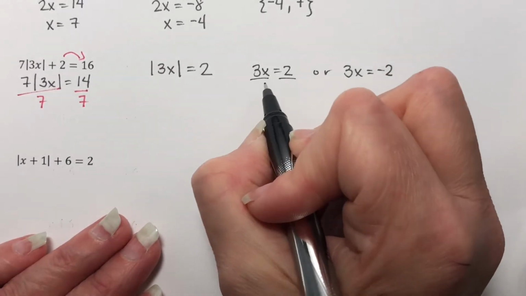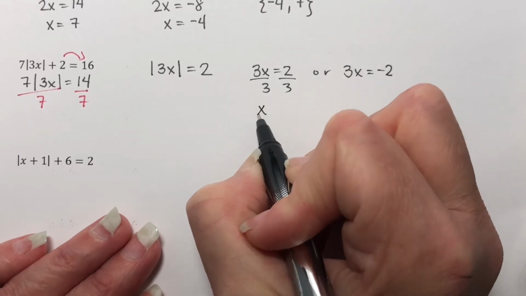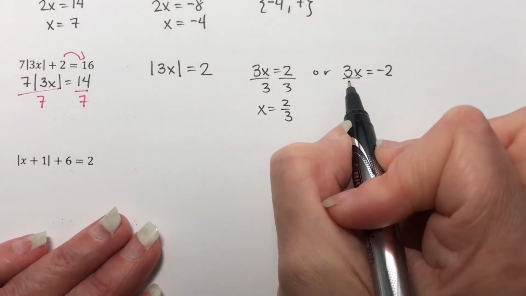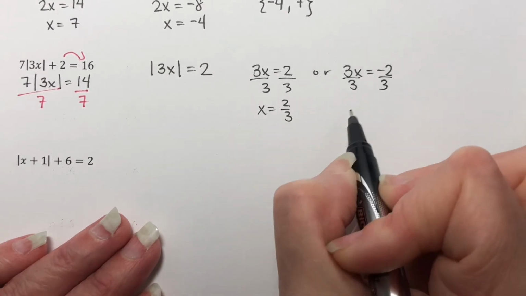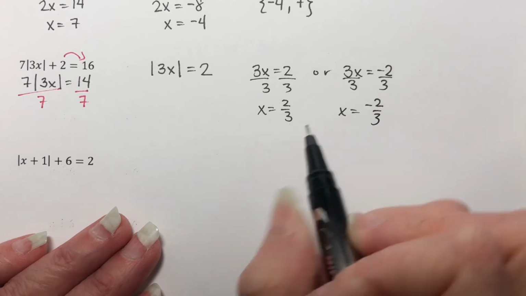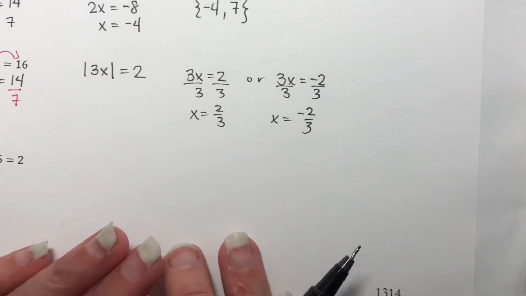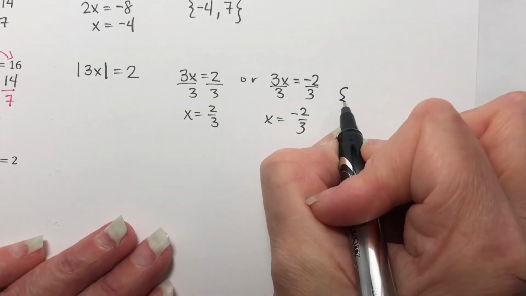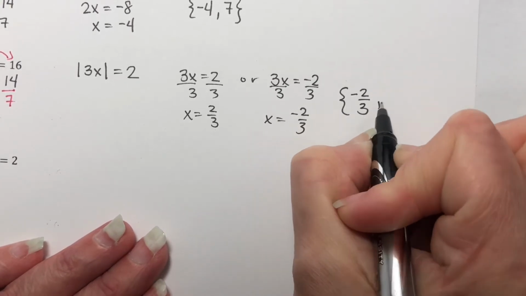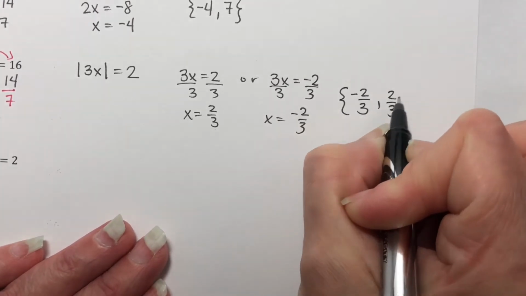Divide both sides by 3. X equals 2/3. Divide both sides by 3. X equals negative 2/3. So your two solutions here are negative 2/3 and positive 2/3.